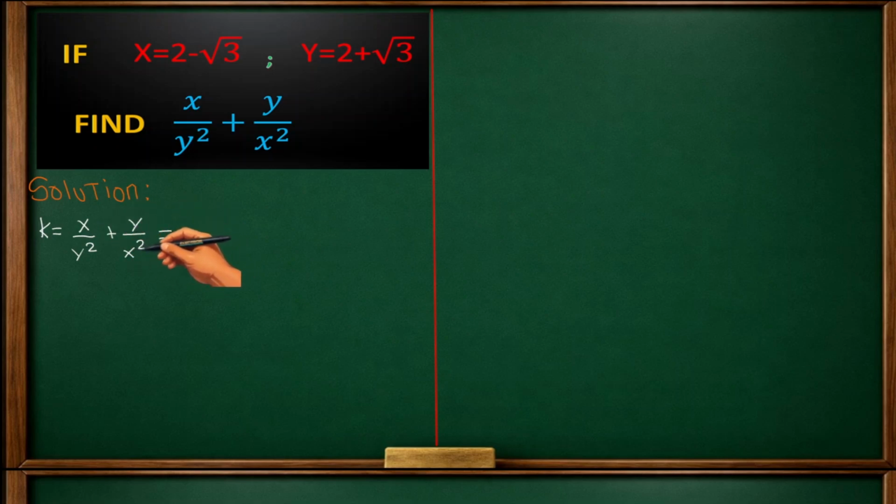Cross multiply: x times x squared is x to the cube, plus y squared times y is y cubed, divided by x squared times y squared.